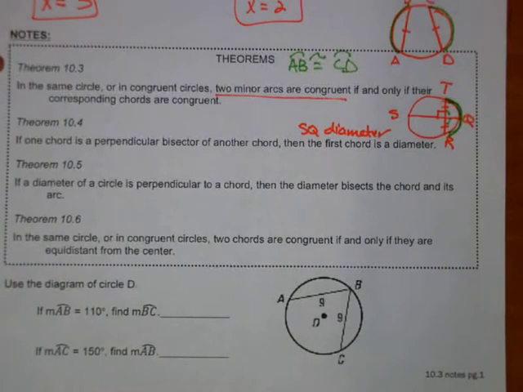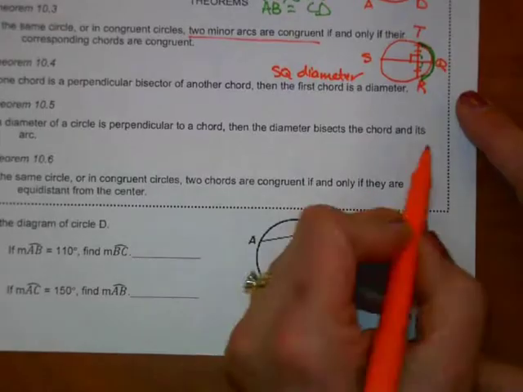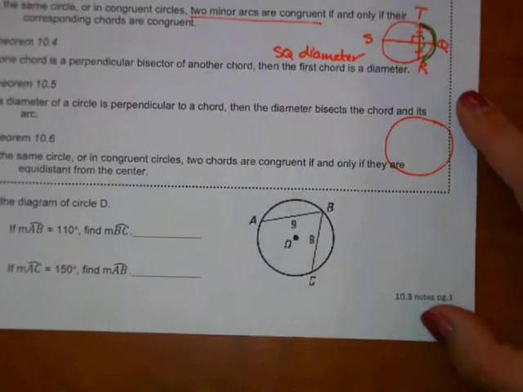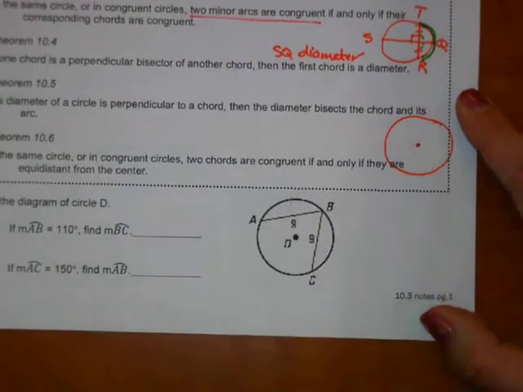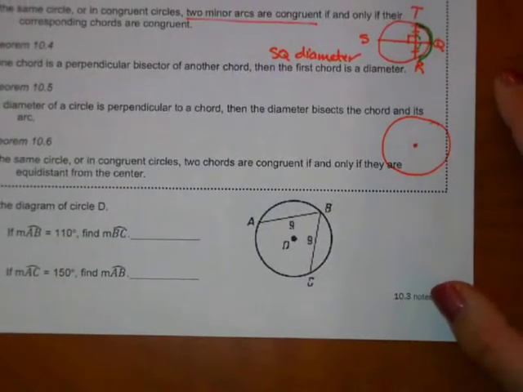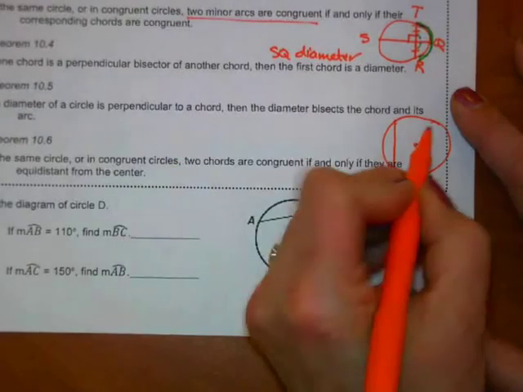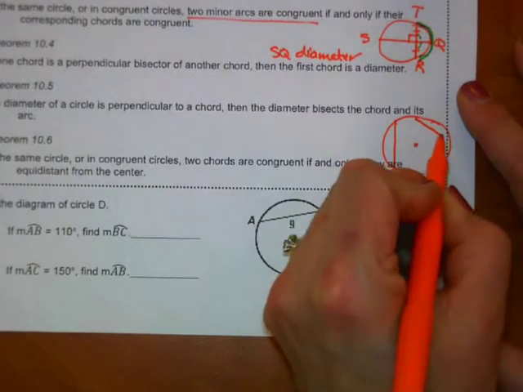All right, 10.6 is a little different. In the same circle or in congruent circles, two chords are congruent if and only if they are equidistant from the center. We're going to draw another circle with a center. I'm going to draw a chord like this and maybe like this.